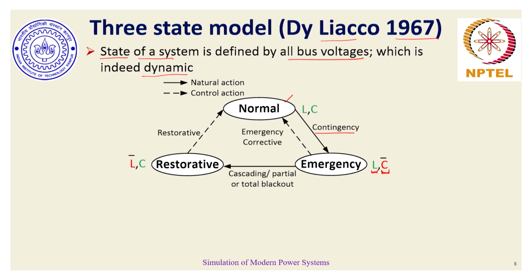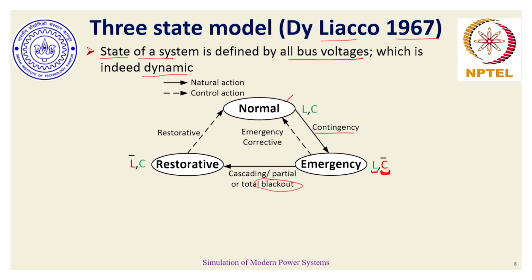So, if the system operation continues to be in emergency mode and nothing else is done, as I was mentioning in the discussion on blackouts, since constraints are being violated, it will lead to more violations, and as a result it can have a blackout or partial blackout.